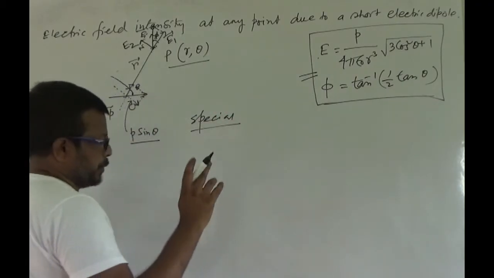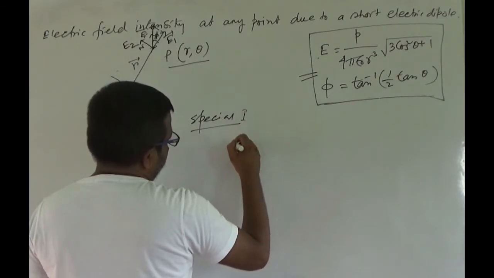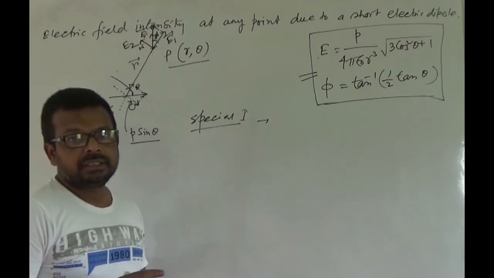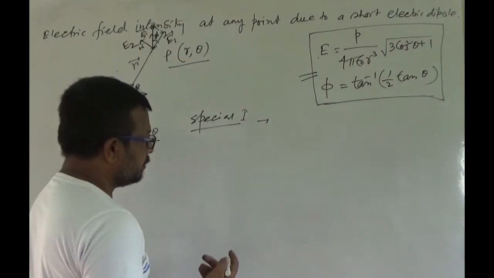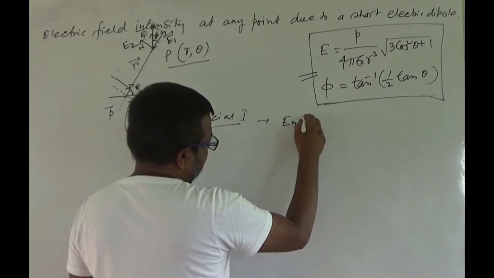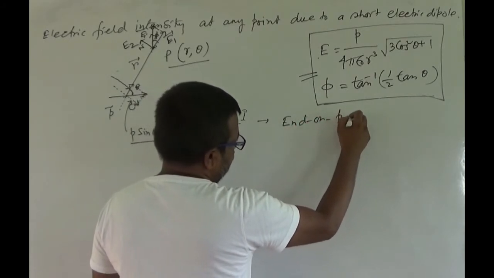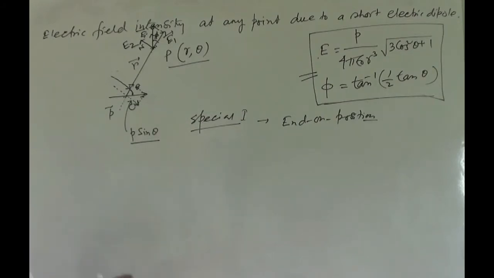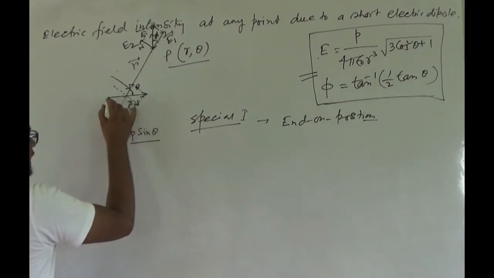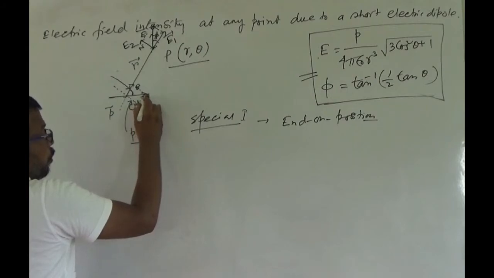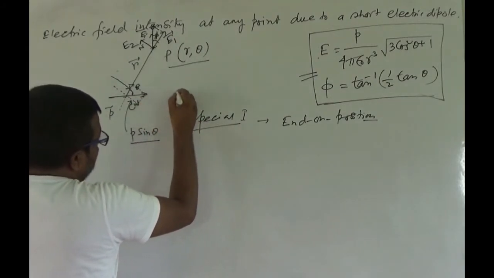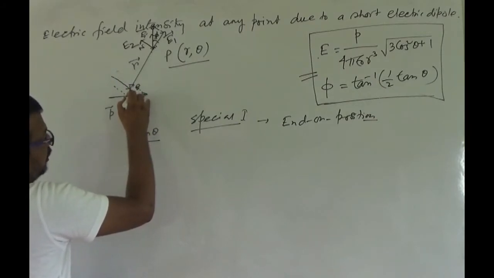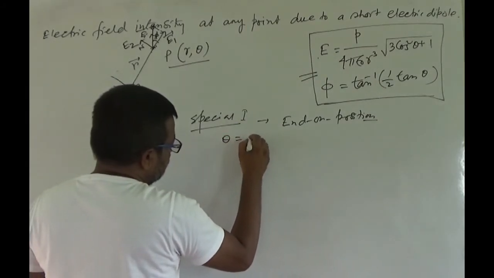Now we are taking two special points. One special point is if the field point P is on the axis, that means end on position, that is point is on the axis. For that case, this is the dipole. Now where will be the point? Point will be in this line. That means what will be the angle? Angle will be 0.